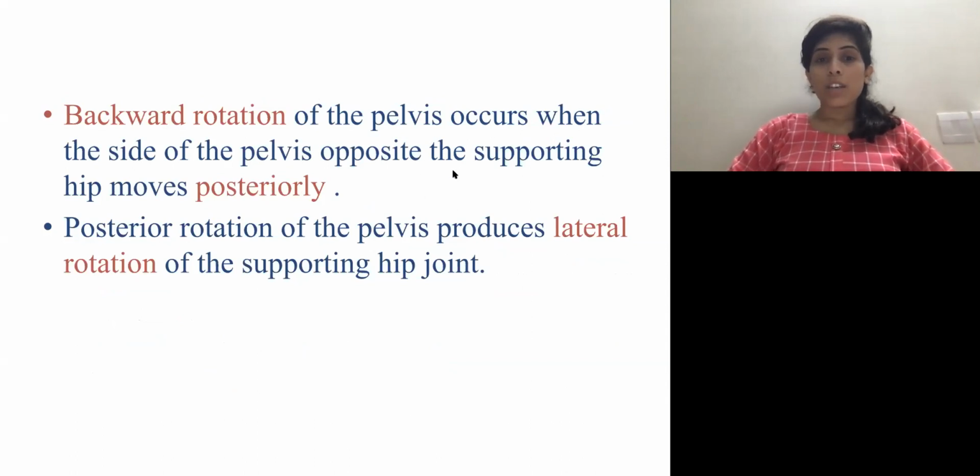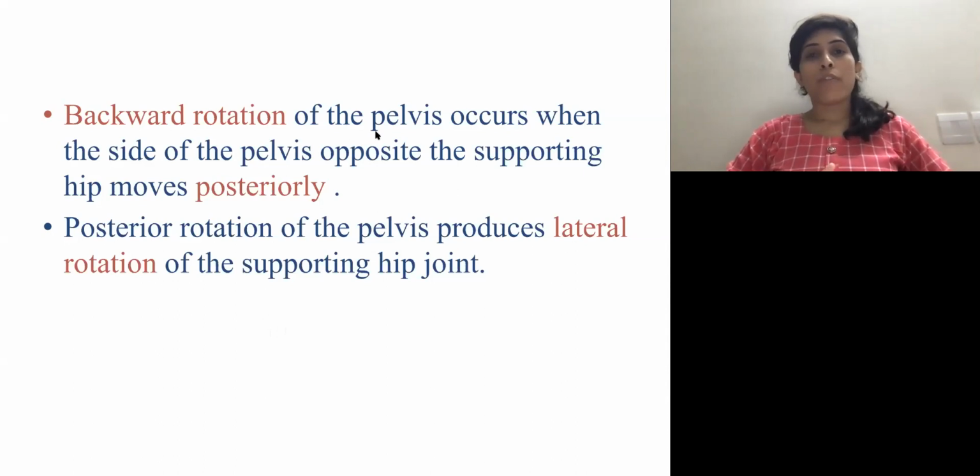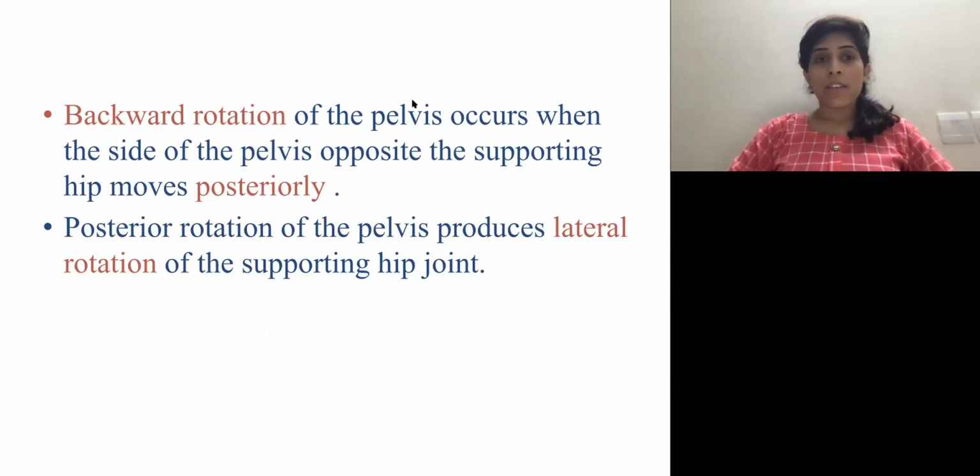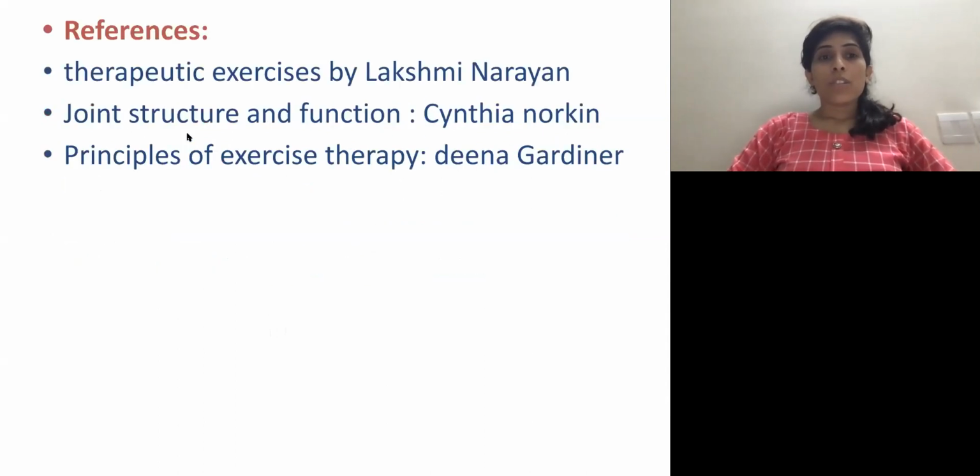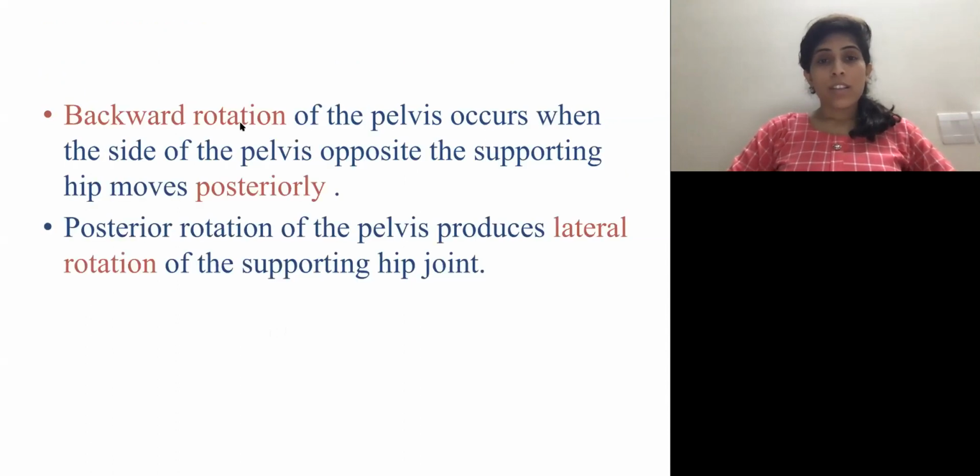The posterior rotation of the pelvis produces lateral rotation of the supporting hip joint. So with the help of forward rotation, the supporting hip will go for medial rotation, and with the backward rotation the weight bearing extremity will go for lateral rotation. Okay, and of course this medial and lateral rotation of the hip joint will occur.